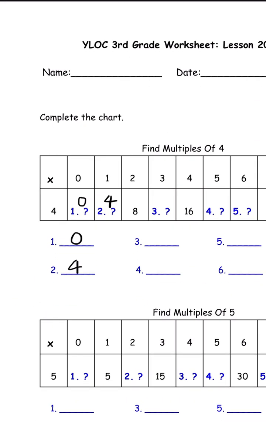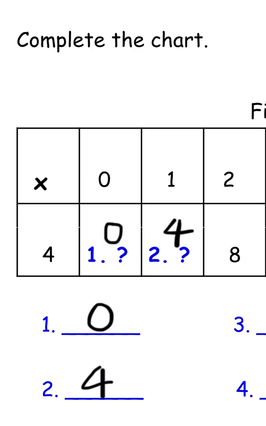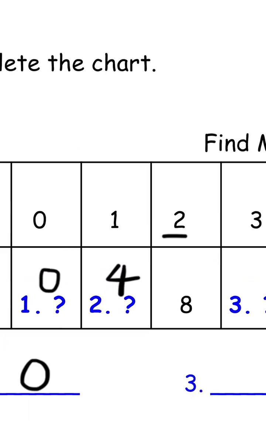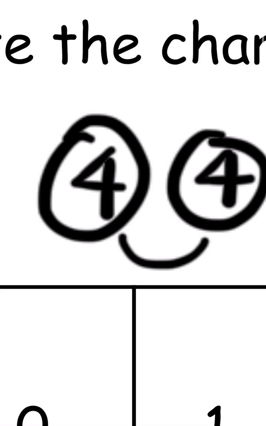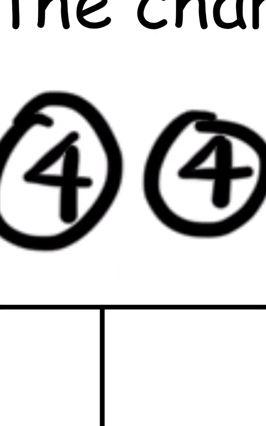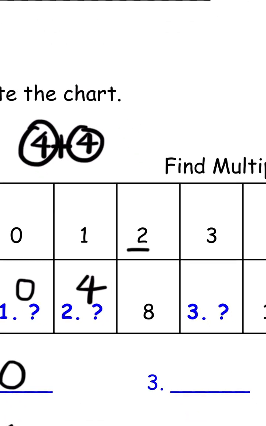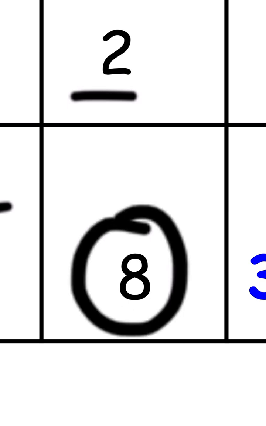And then next one, we need to multiply 4 and 2. To multiply 4 and 2, it's the same as 2 groups of 4. So there are 4 in each pack, and there are 2 of them. If we add 4 and 4, we're going to get 8. So it's 8.